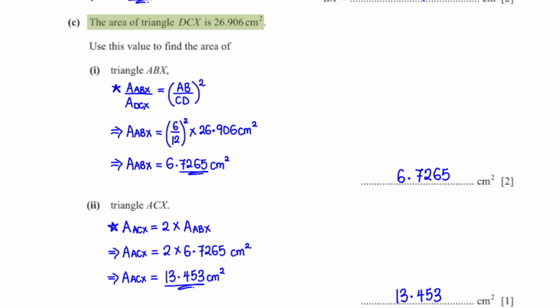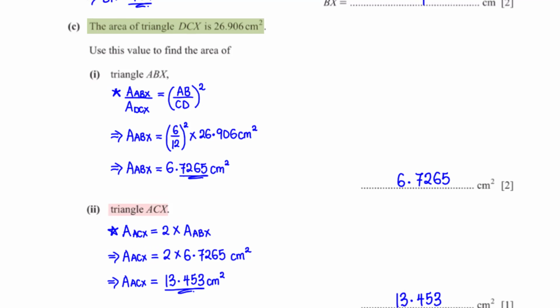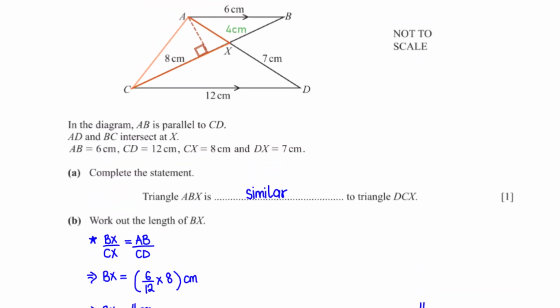Find the area of triangle ACX. When we compare triangles ACX and ABX, we notice that both triangles share the same perpendicular height, and the base of triangle ACX, which is 8 centimeters, is twice the base of triangle ABX, which is 4 centimeters.